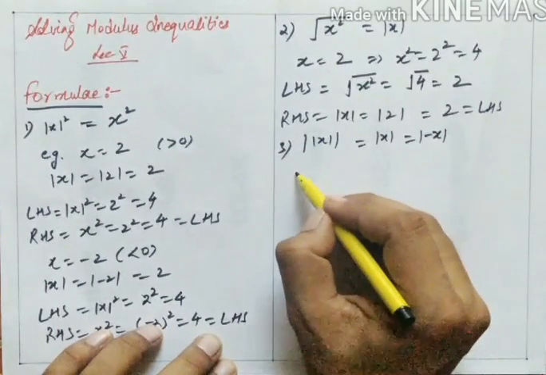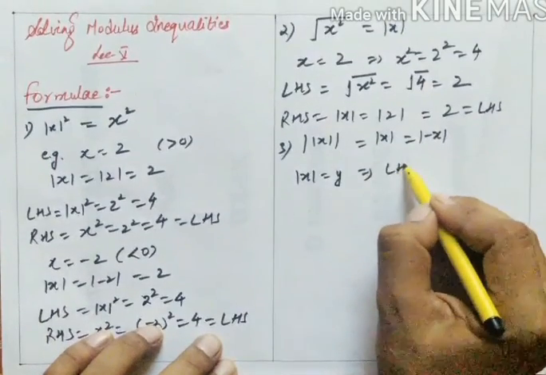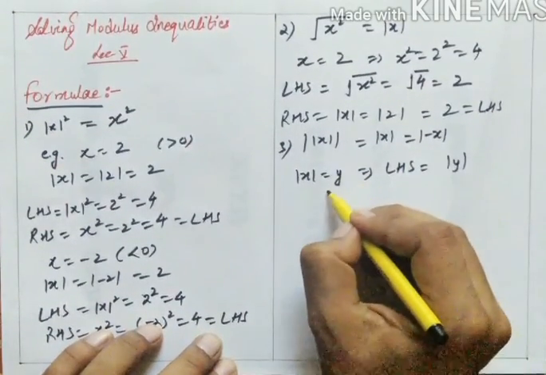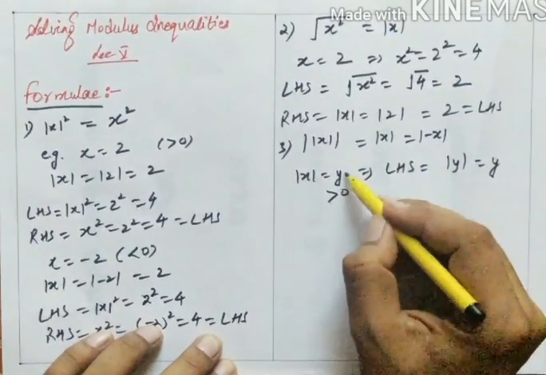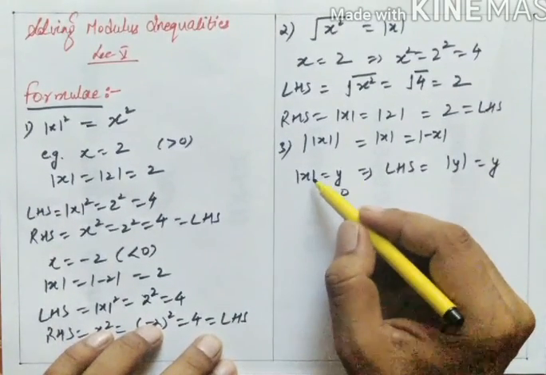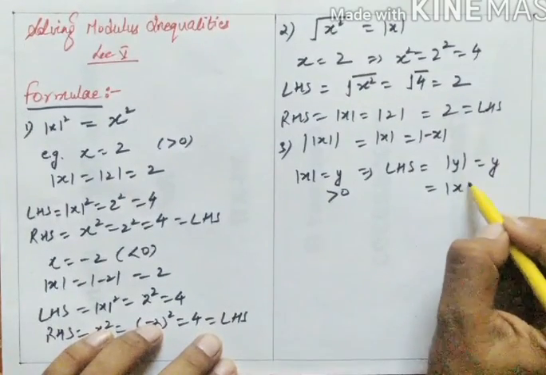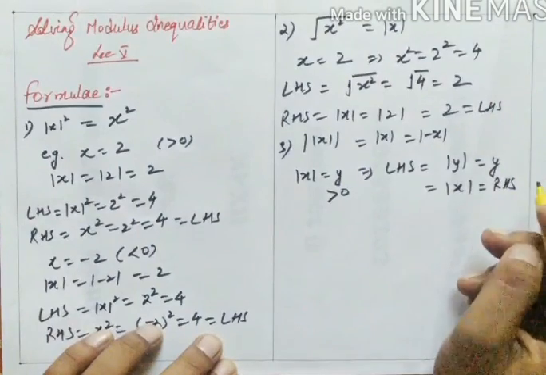Means if I say that mod of x is equal to y, so this will become LHS is equal to mod of y, and y is greater than 0. So this will be simply y, because y is already positive, because mod of x is a positive real number. So that means this is equal to mod of x. So that is equal to RHS, and that's proved.